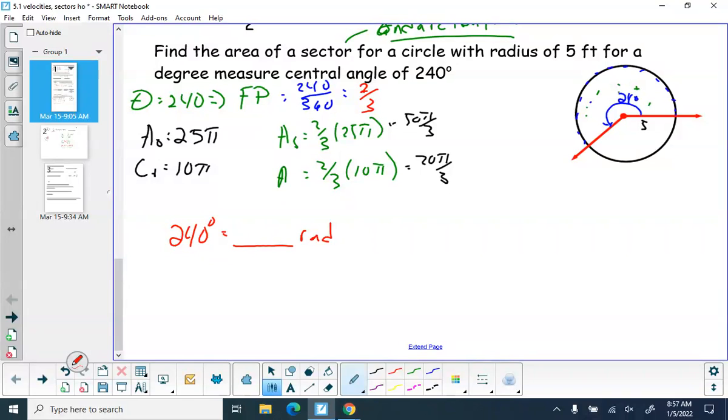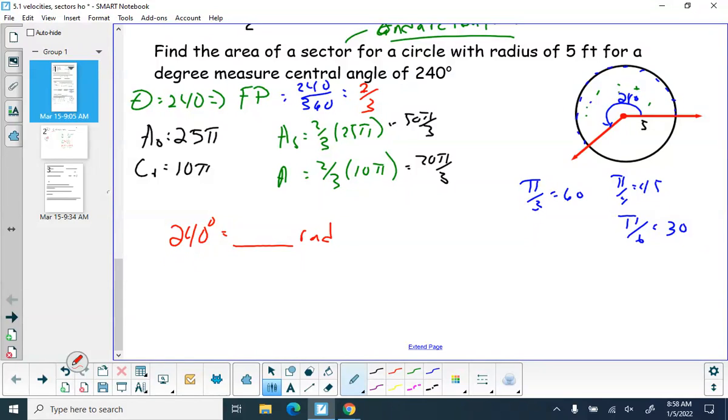You can run it through the proportion, or you can also think about our three main values.